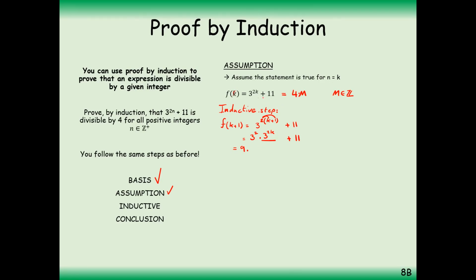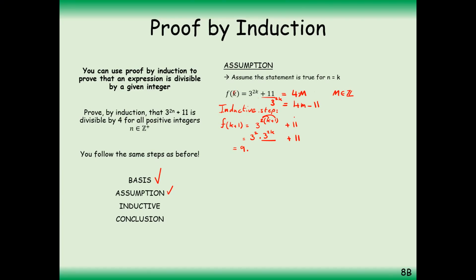What we can do is go back to where I left the tiny gap here, so I could actually rearrange this. We can see from our inductive assumption that 3 to the power of 2k could have been written as 4m minus 11. So I'm just taking this plus 11 and removing it from the left hand side, putting it on the right hand side as a negative 11.